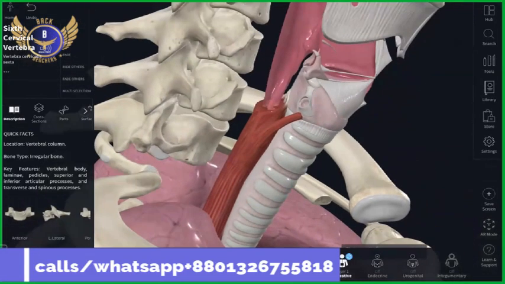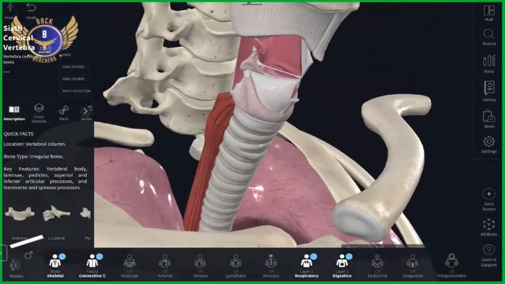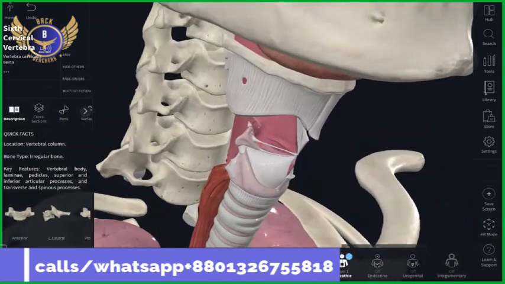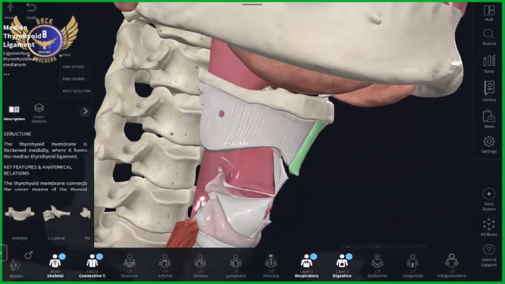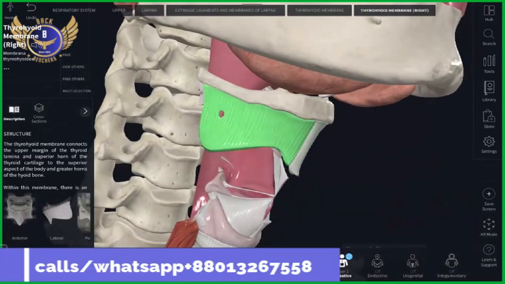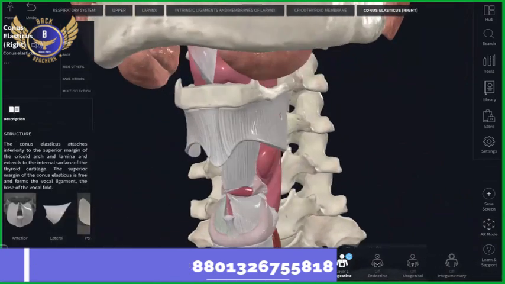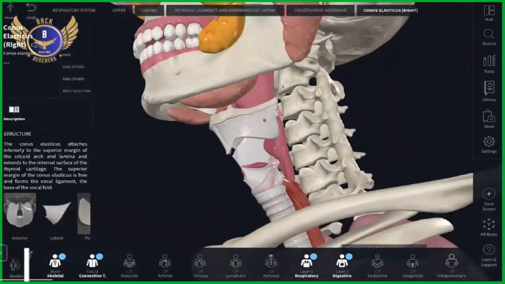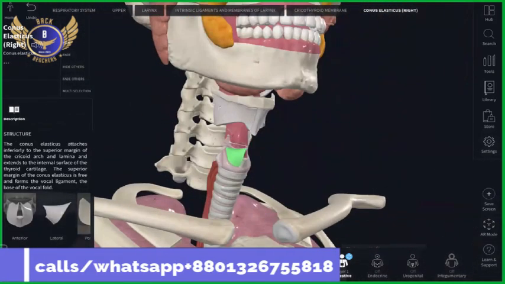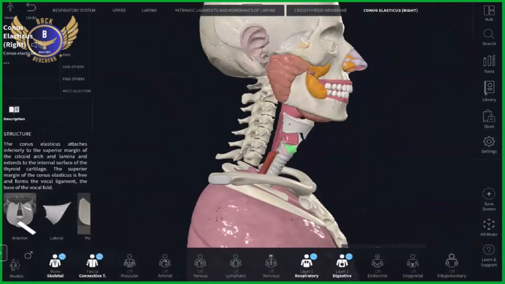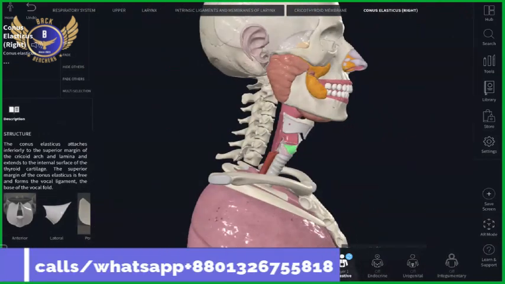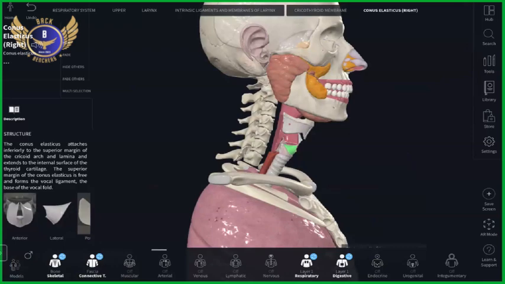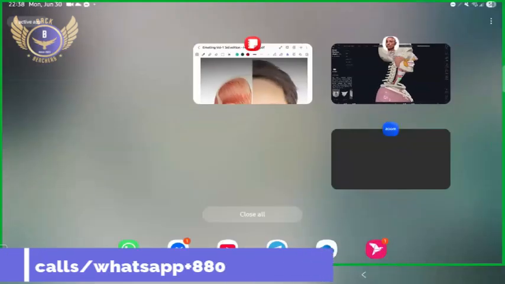Other cartilages like the thyroid cartilage are not complete rings too. Let's not add it. So all the important things from head and neck have been shown very clearly. Now we will go to our notes and tell you what to study from the notes.